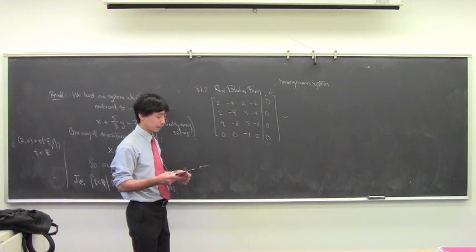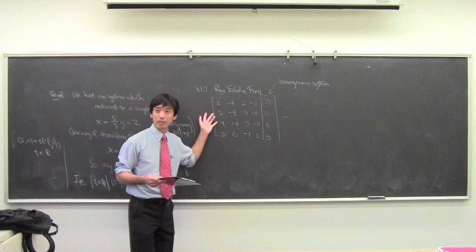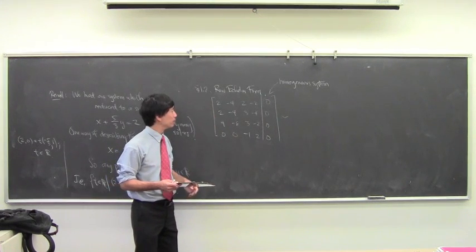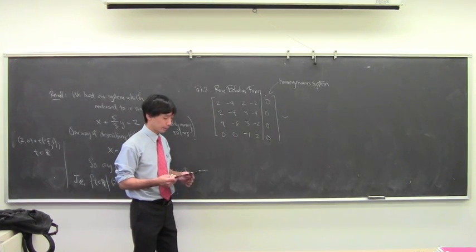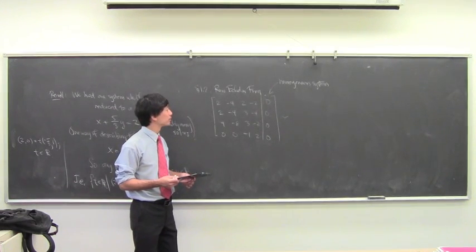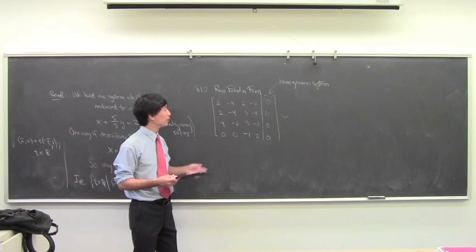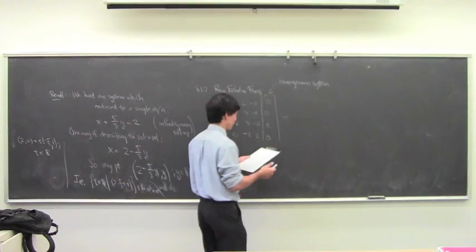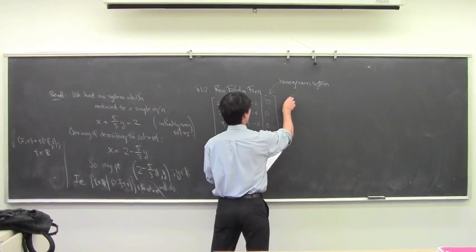Well, what moves would you make if we wanted to simplify this system? Yeah, Anna. We just subtract the first equation from the second one, to eliminate the first two variables.